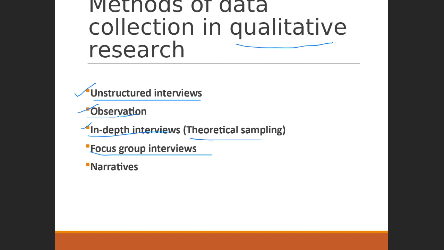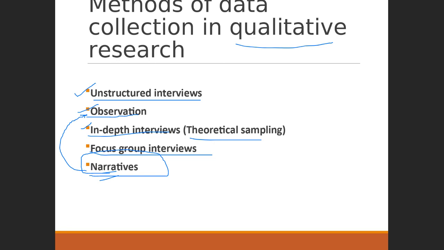You can also use narratives. We have discussed narrative recording in observation as well. So narratives can be used as a qualitative research method, especially when your participant tells a story about an incident or situation and you as a researcher listen passively. Narratives are a very powerful method of data collection for situations which are sensitive in nature.